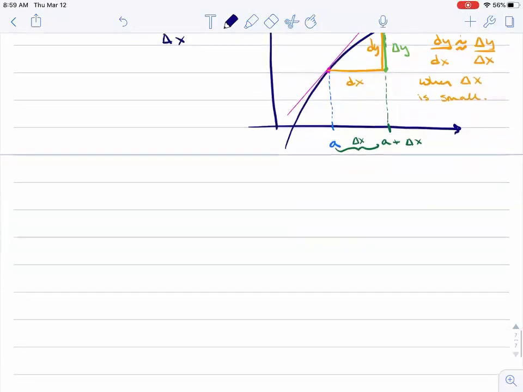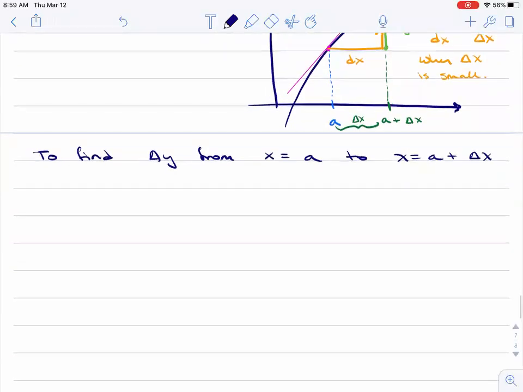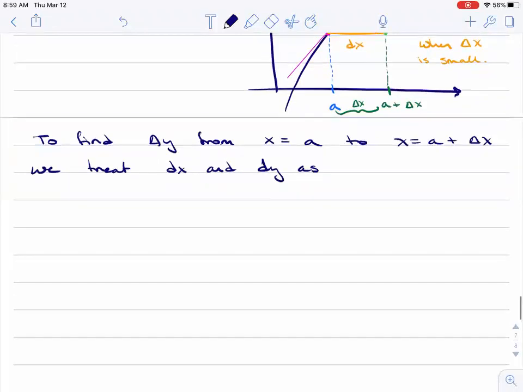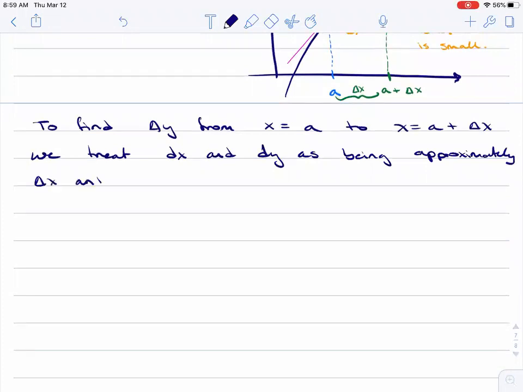So just to summarize what we just said, to find delta y from x equals a to x equals a plus delta x, we treat dx and dy as being approximately delta x and delta y for small increments.